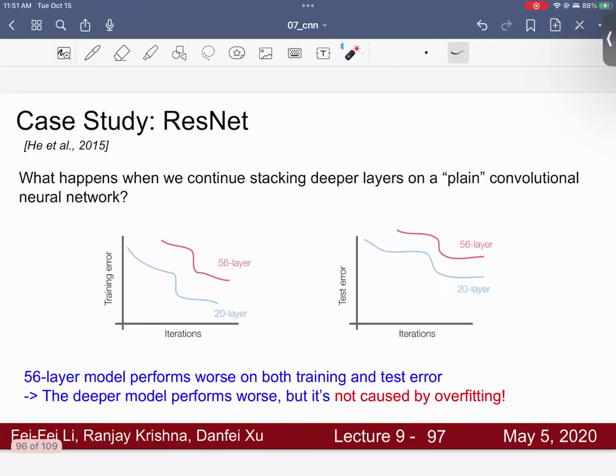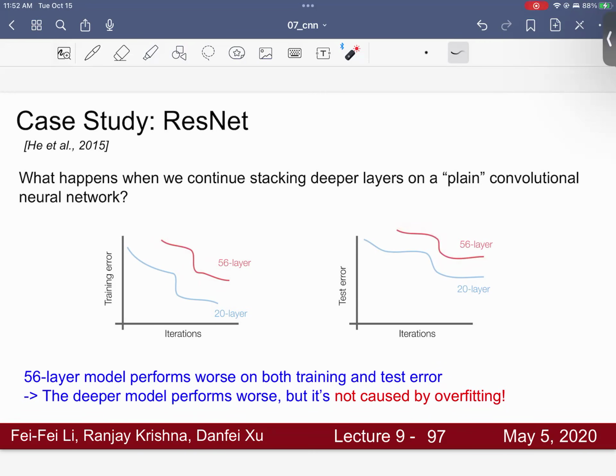It's a very nice paper in that it focuses on a fundamental problem of optimization. When training a stacked CNN model, 20 layers versus 56 layers, the 56 layer CNN, the deeper model, has a larger training error and also a larger test error.